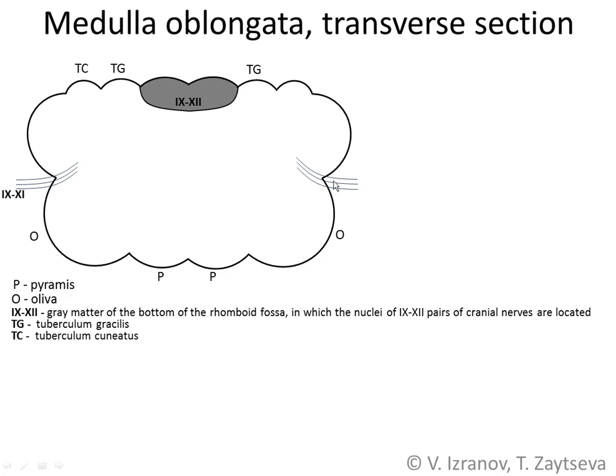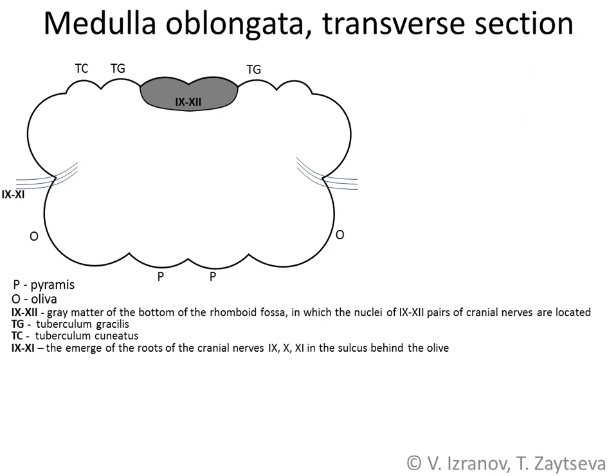In this sulcus behind the olives go several fibers of cranial nerves, exactly from 9 to 11. Nervus glossopharyngeus, number 9, nervus vagus, number 10, and nervus accessorius, number 11.